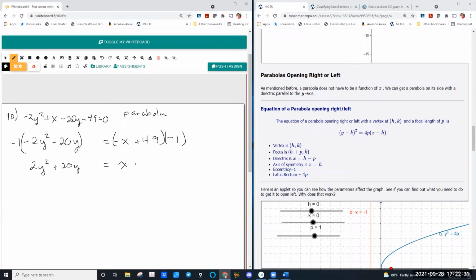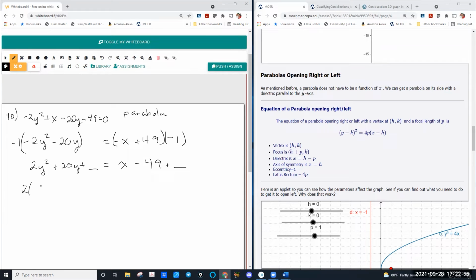equals x - 49. Okay, we're going to be doing completing the square, which means we're going to have to add something over here, and to compensate for that, we'll add something over here. Don't worry about what it is yet. I'm going to show you a way of coming up with that number very easily. Now, when doing completing the square, you always want to have a 1 for your coefficient on y squared.